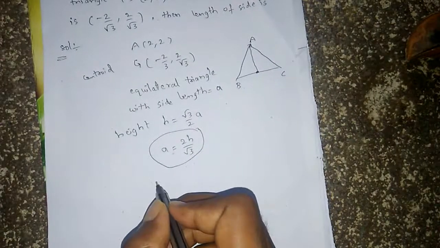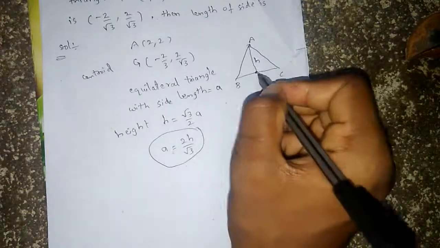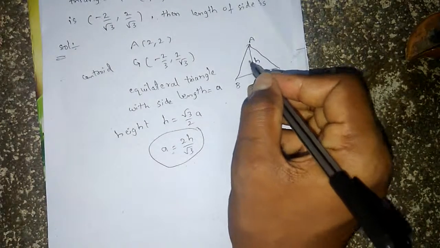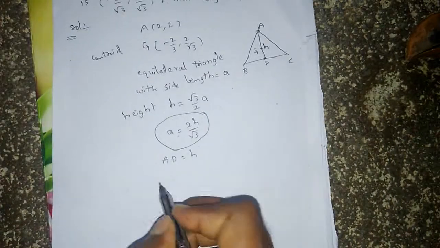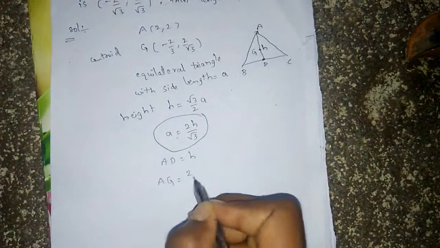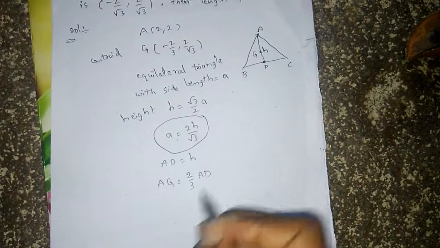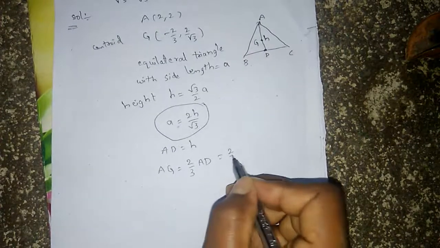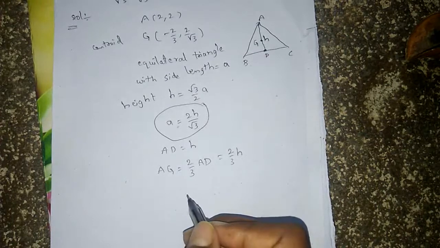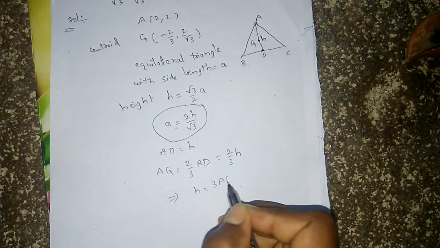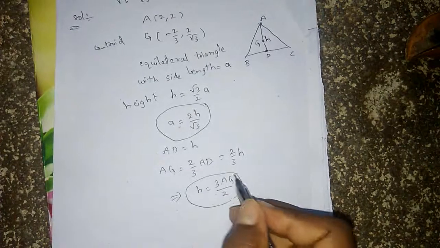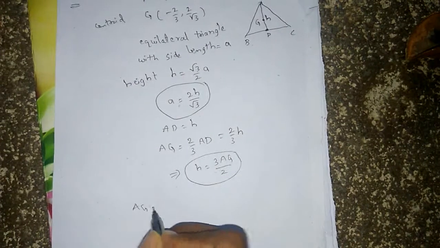Here this is h, this is D, this is G, the centroid. Here AD is equal to h and AG is equal to 2 by 3 AD, that is 2 by 3 h. This implies h is equal to 3 AG by 2. First let us find AG.